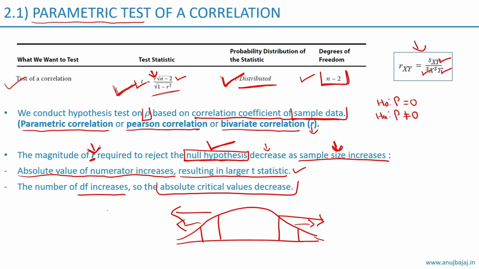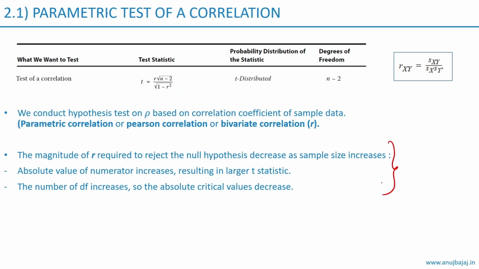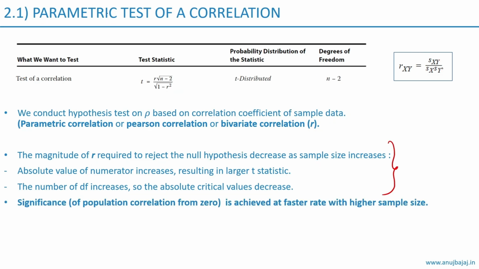So with this, we can conclude two things: that significance is achieved at a faster rate with a higher sample size. Significance refers to the population correlation being significantly different from 0. So with a higher sample size, the population correlation being significantly different from 0 is achieved at a faster rate.